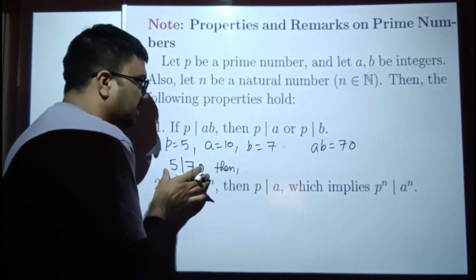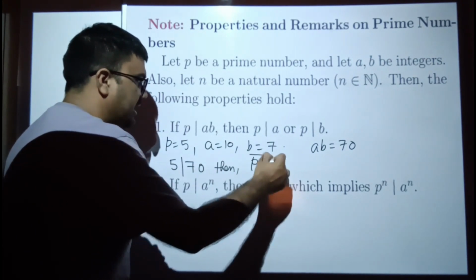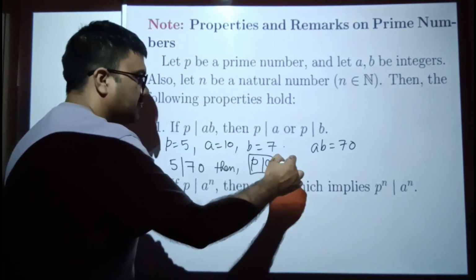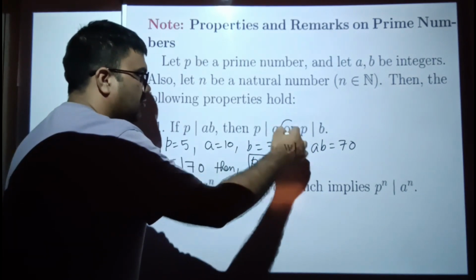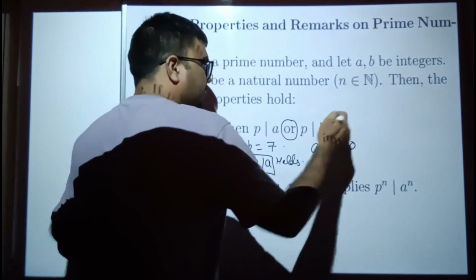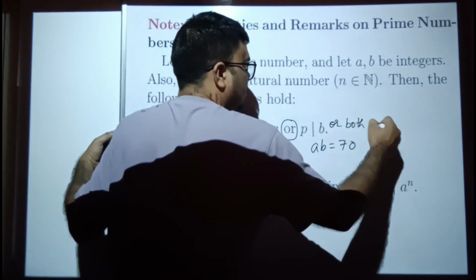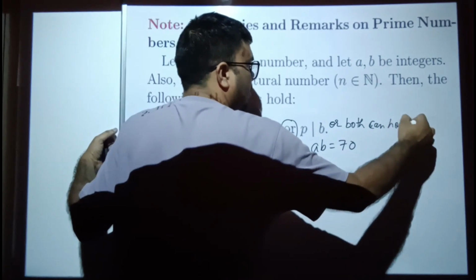In this particular case, p divides a holds. When we put "or" here, it means either p divides a or p divides b, or both can hold.